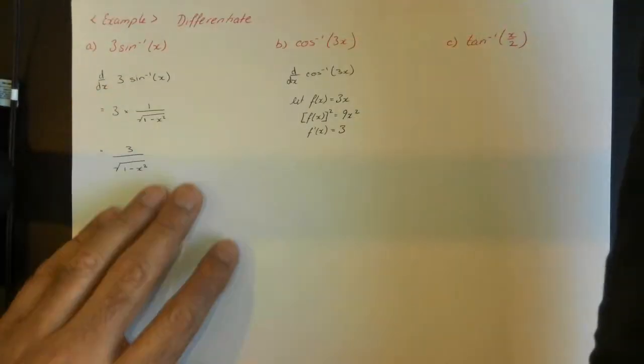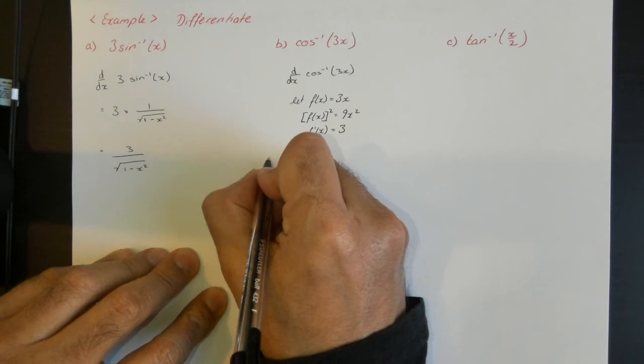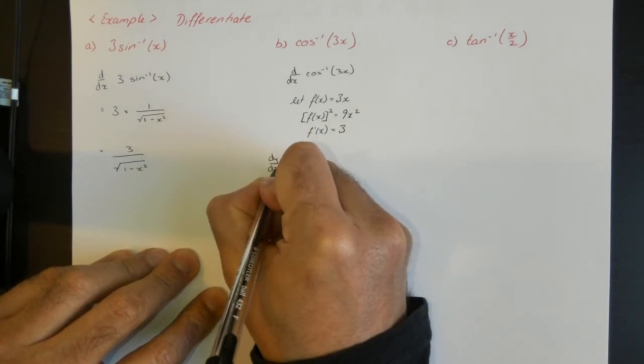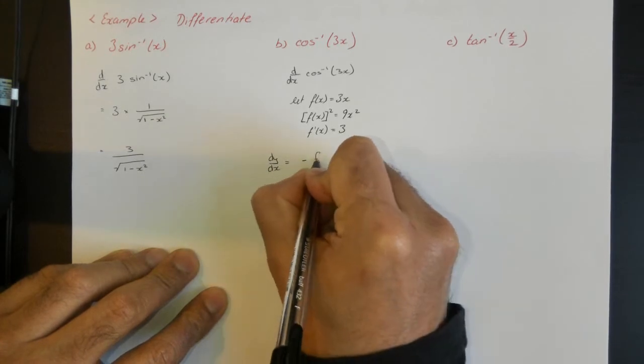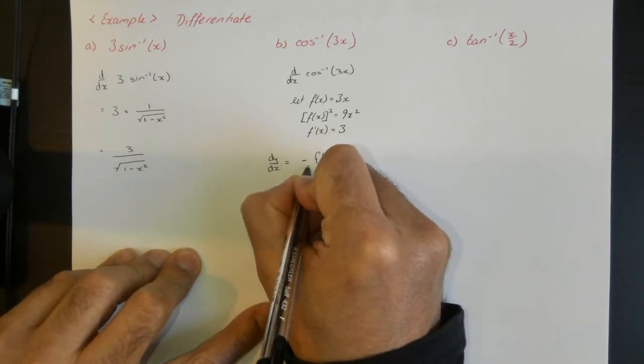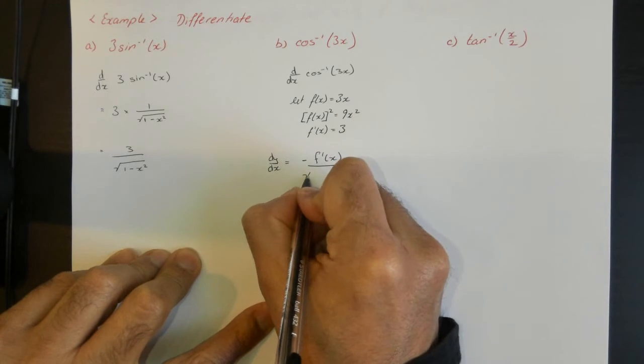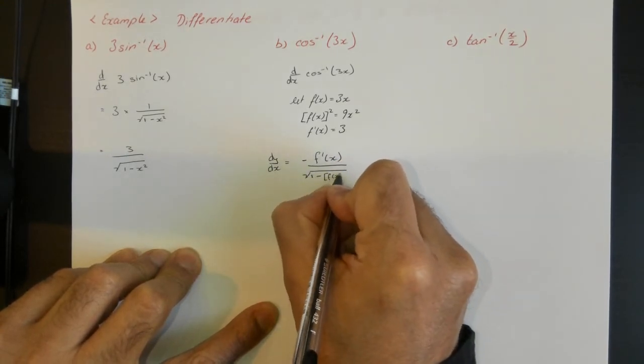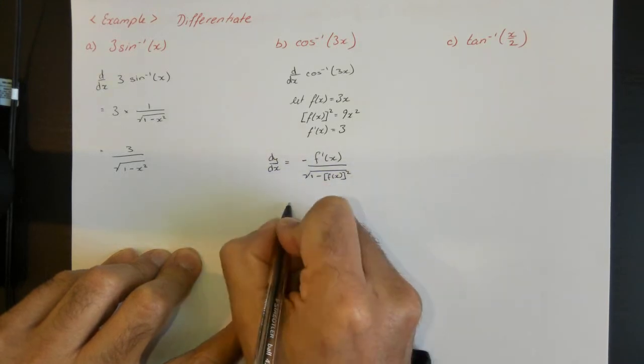So dy over dx is negative the derivative over the square root of 1 minus the function squared.